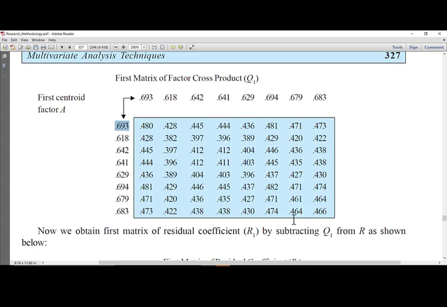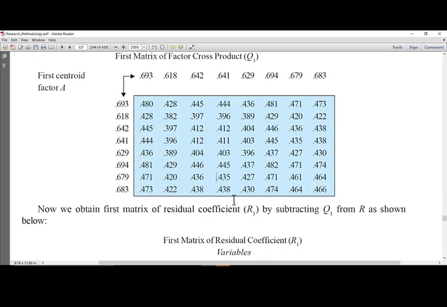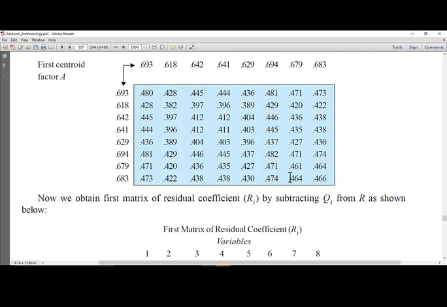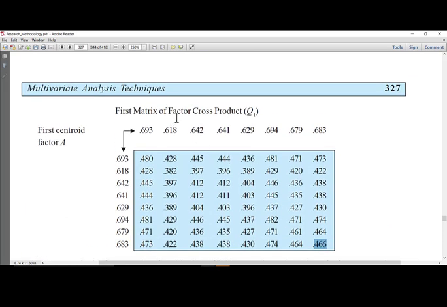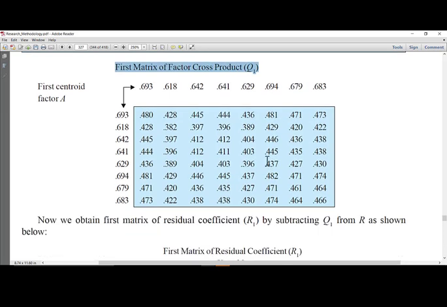That way we have obtained all these values. For your convenience, I simply explain the last but one element. This 0.464, how is it obtained? Multiplying 0.683 with 0.679, we got 0.464. And multiplying 0.683 with 0.683, we got 0.466. This is called the first matrix of factor cross product Q1.